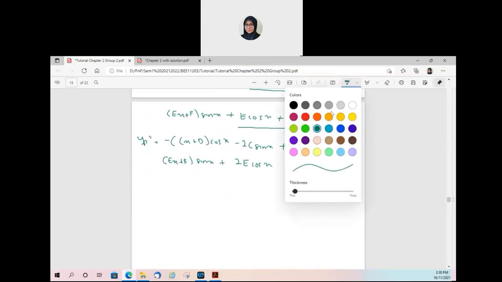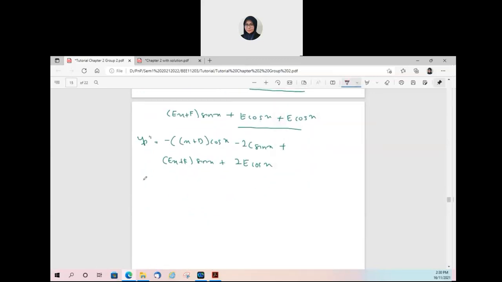We have y double prime plus 2y prime plus y equals to x cos x. Here is yp double prime plus 2yp prime plus yp equals to x cos x.